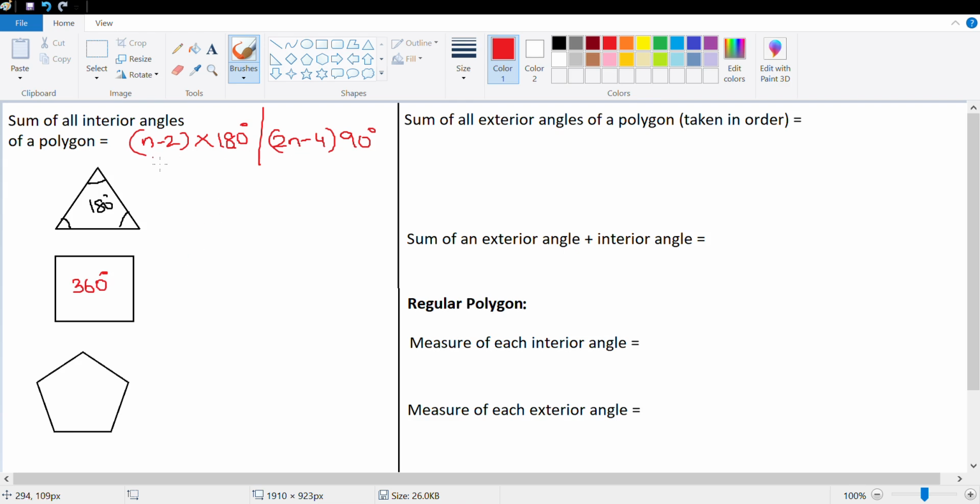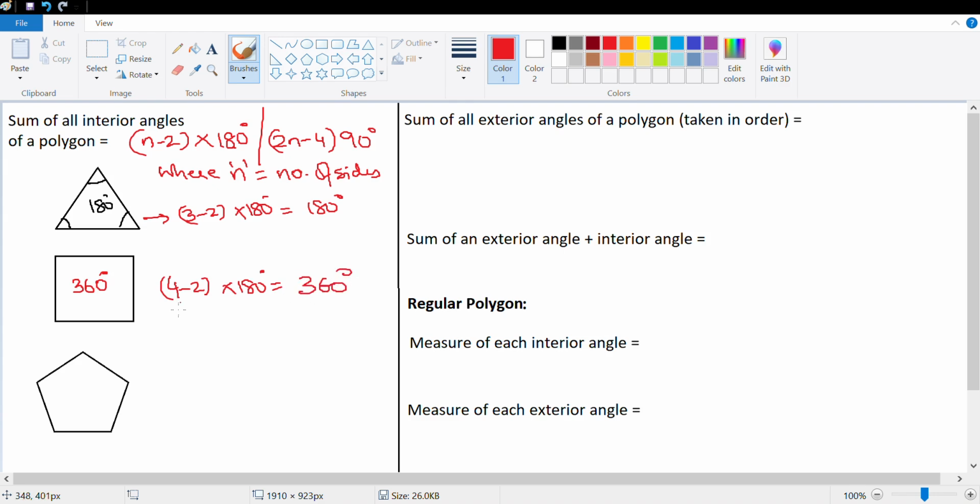What is n? N is the number of sides. So n is equal to number of sides. In this case, if n is 3, so for triangles, sum of all angles will be 3 minus 2 into 180, which is 1 into 180, which is 180 degrees. In this case, it will be 4 minus 2 into 180 degrees, which is 2 into 180 degrees, which is 360 degrees, which we already know.